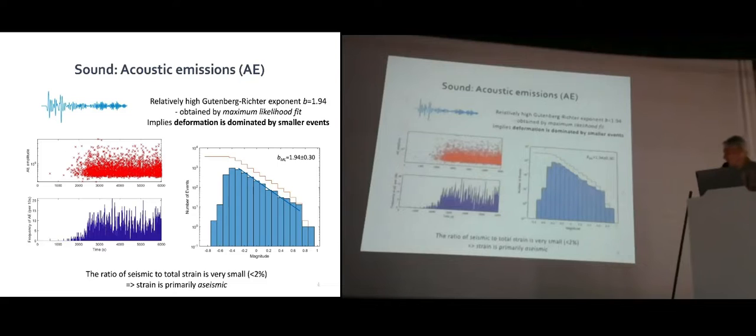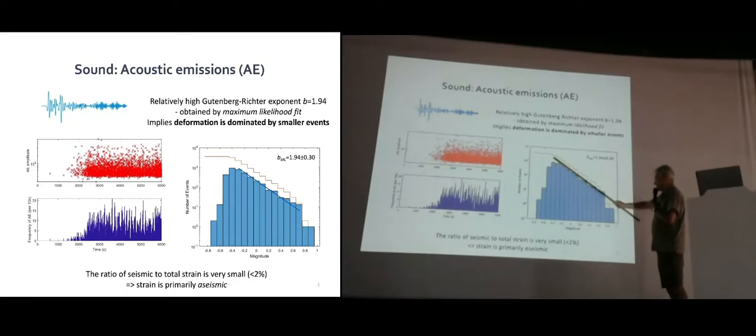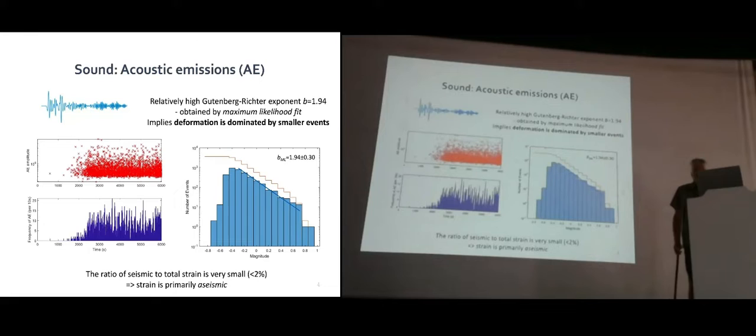So the acoustic emissions, I mentioned the Pareto distribution, and that's what we see. That's the number of events as a function of magnitude. See a nice power law. It's a very high exponent, possibly because we have such a strong feedback control. The downside of working in a synchrotron is it's incredibly noisy.